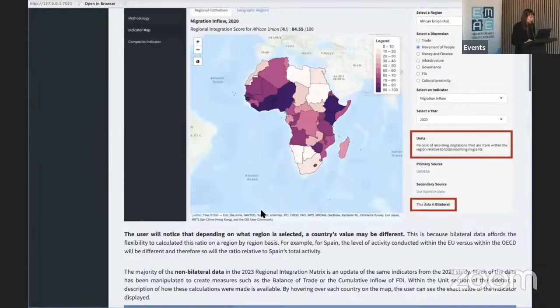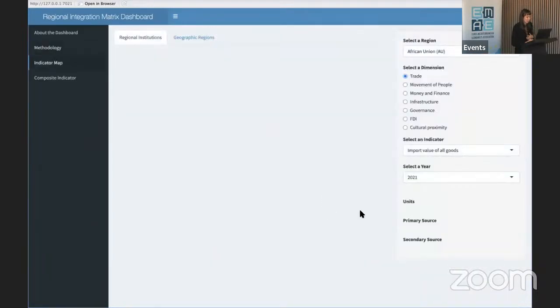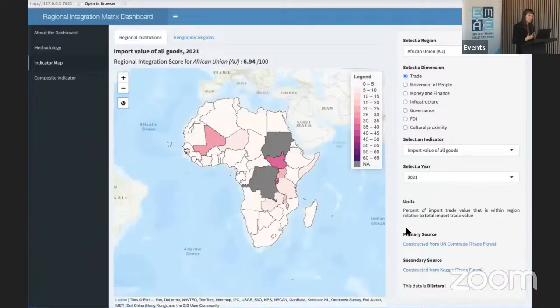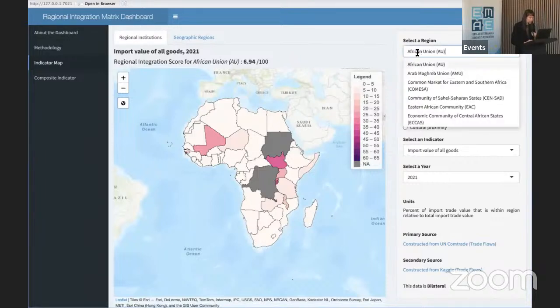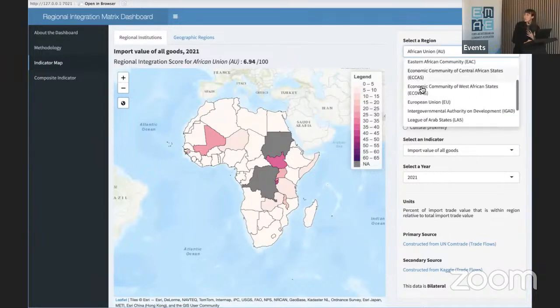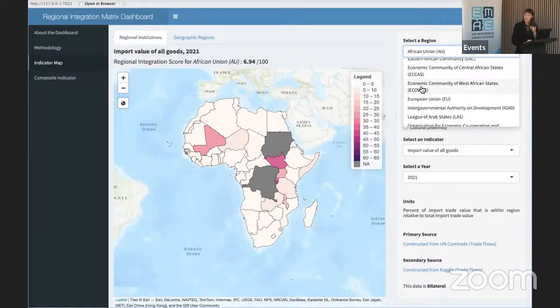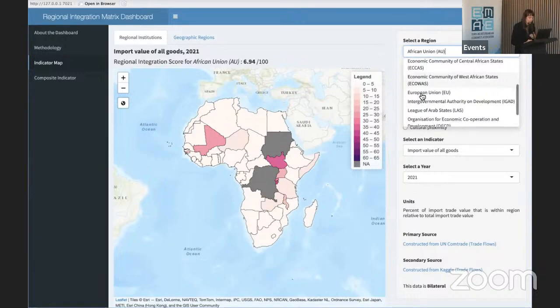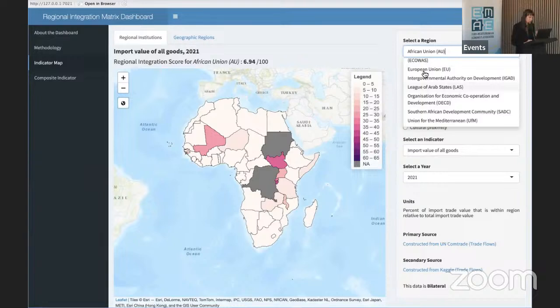And then we can move to the interactive map. I've been talking this whole time about indicators and scores and lots of things. There are a lot of components, but I think the indicator map lays it out pretty simply. In the top corner, you can select a region. These are the regional institutions that I talked about, all of the ones that are included.